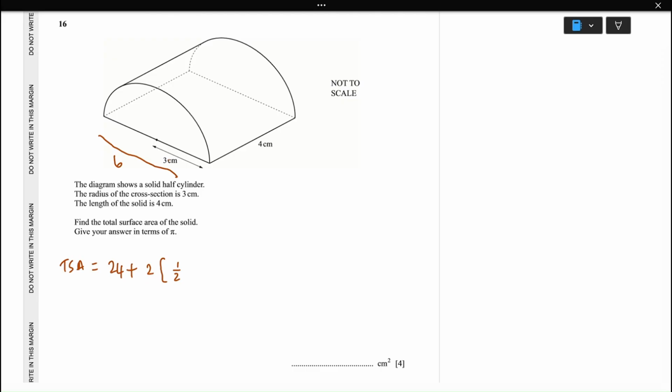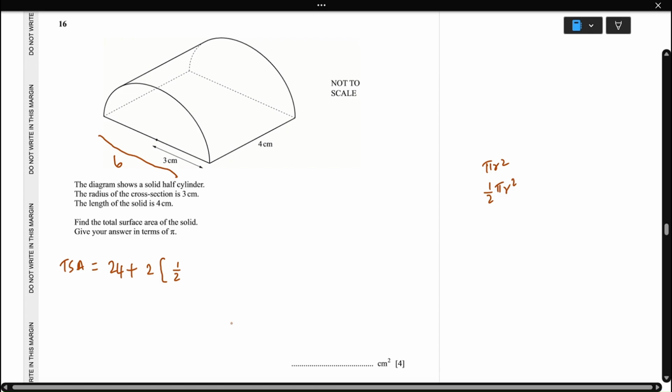The area of a circle is pi r squared, and it's only a semicircle, so I'll take half of pi r squared, with radius 3 squared. Then plus the curved surface area, which is half into 2 pi r h, with r equal to 3 and h equal to 4.